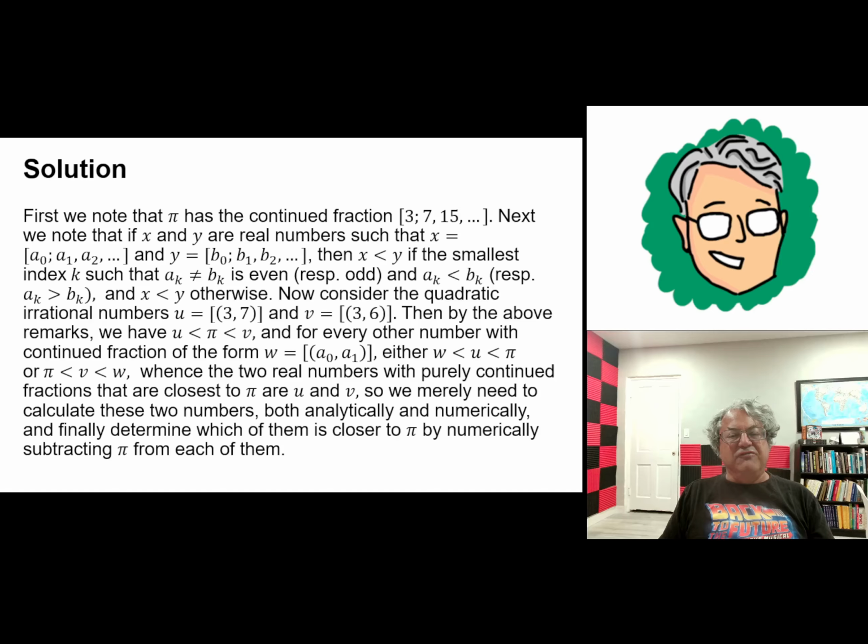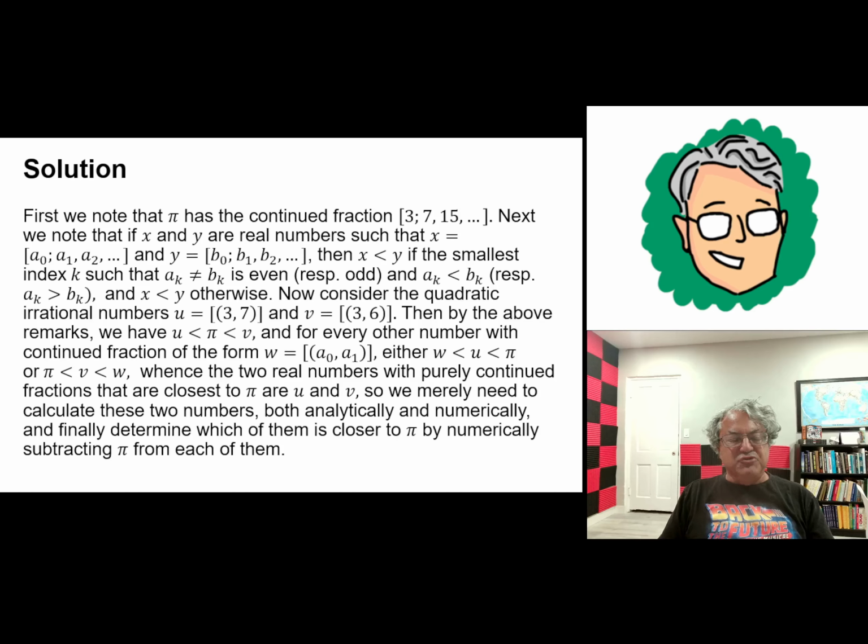And I think you can convince yourself that this goes back and forth. So to determine which of two continued fractions is greater, look at the first place in which the coefficients differ. If it has an even index, for example if the index is 0, obviously the one with the greater zeroth coefficient is going to be greater.